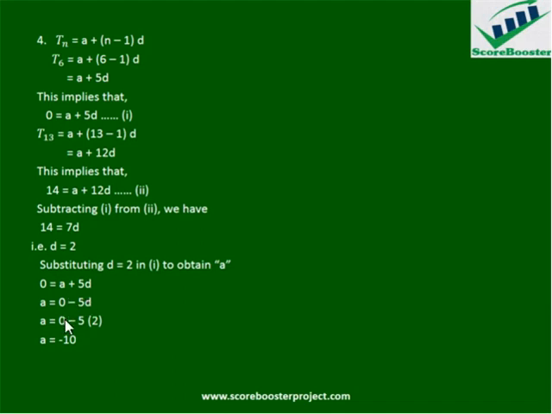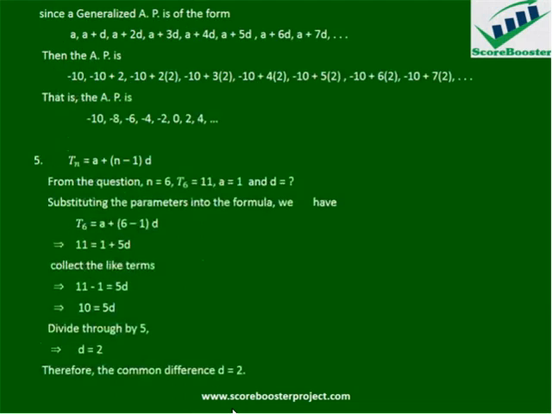So a will be 0 minus 5 times the value of d, which is 2. 5 multiplied by 2 is 10. 0 minus 10 will give minus 10. Therefore, the first term of an AP that has its 6th term to be 0 and 13th term to be 14 is minus 10, and the common difference is 2.